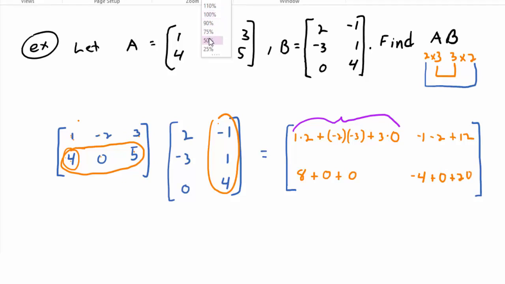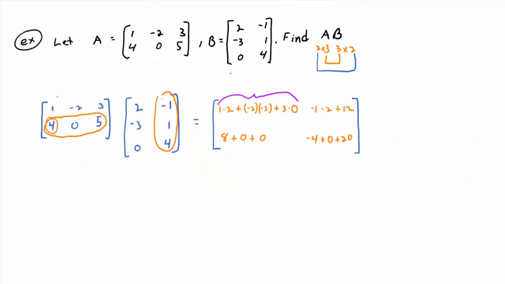Let's clean this up, and then we'll have our answer. What do we end up getting for the upper left-hand entry? Yeah, it's 2 plus 6, because we have 0 on the third term. So 8, and then what do we get over here? 9, and then 8 and 16. There you go. There's your product.